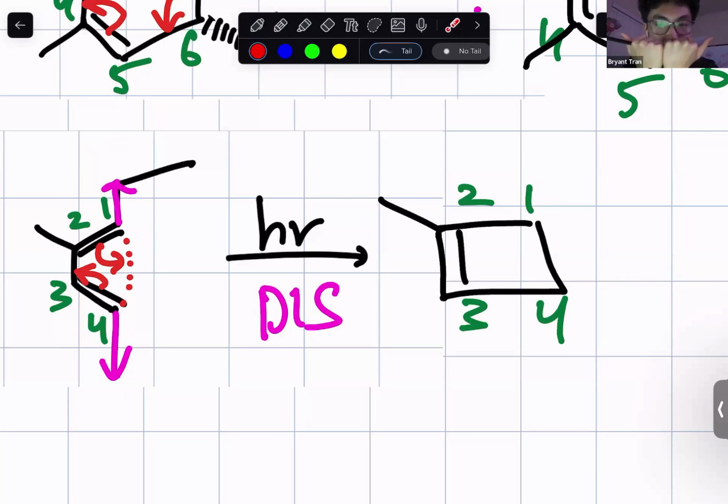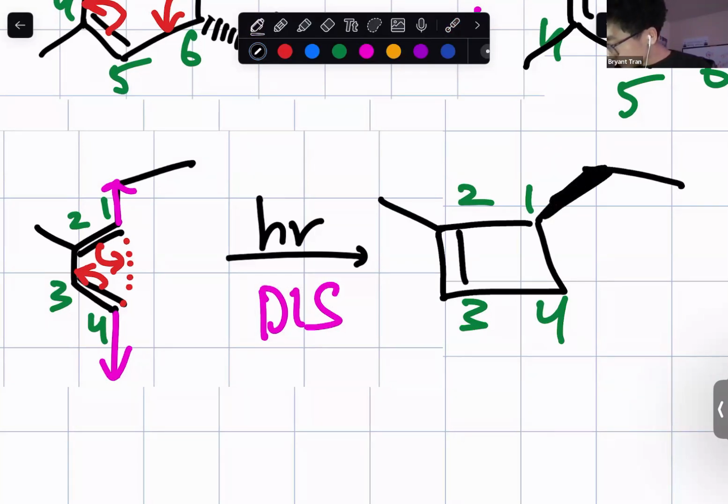So now, if this is disrotatory, let's say I rotate my left thumb clockwise. That means that I would have to also rotate my right thumb clockwise, right? Going this way, yeah, clockwise, like this. So we see one is going up, one is going down. So that means that this ethyl group here is going to be wedge going up. This methyl here is going to be dash going down.